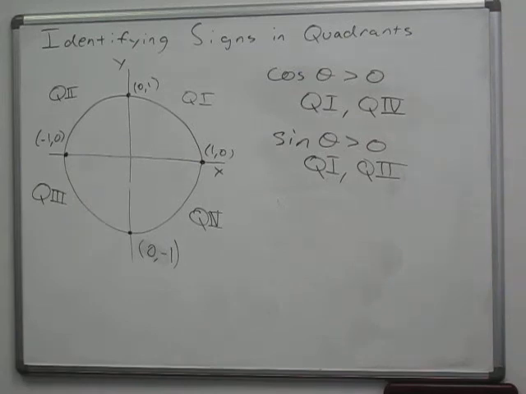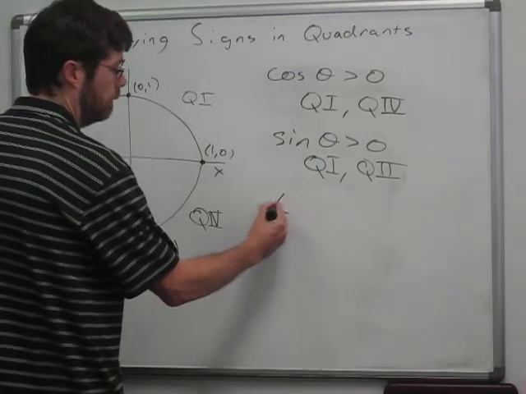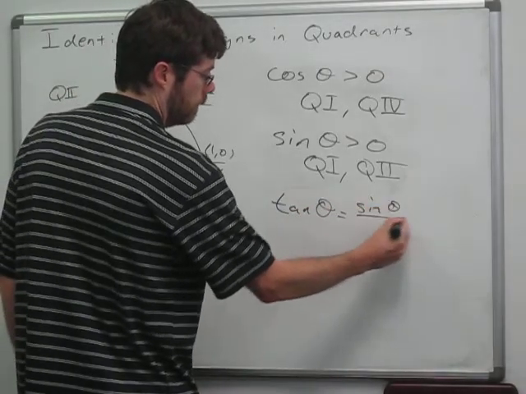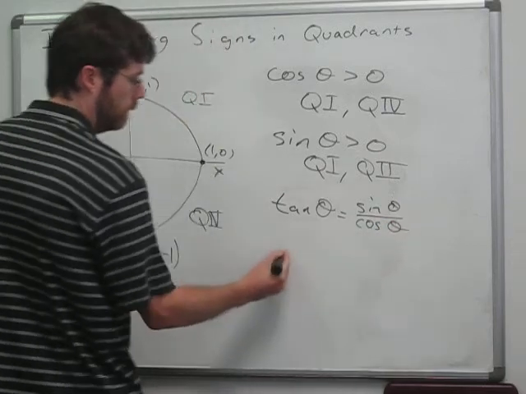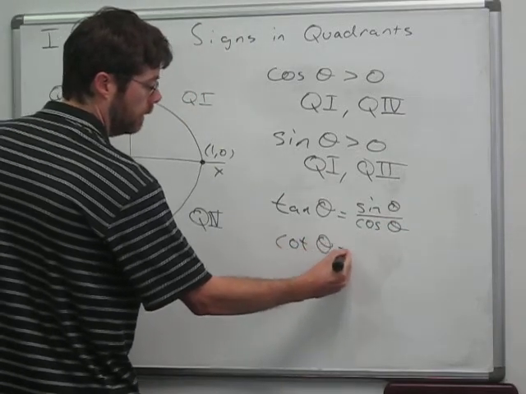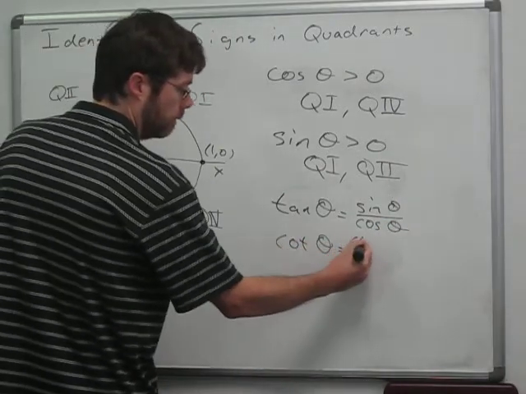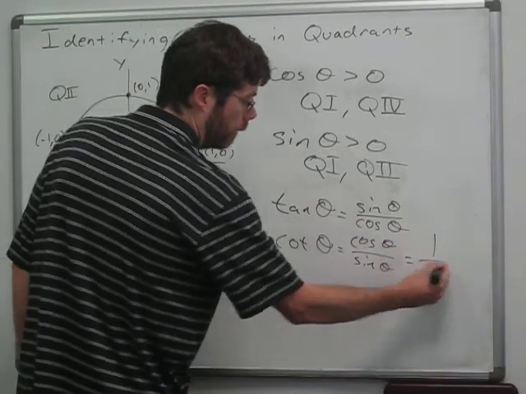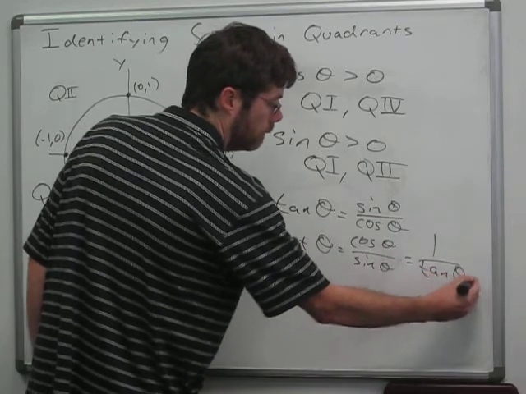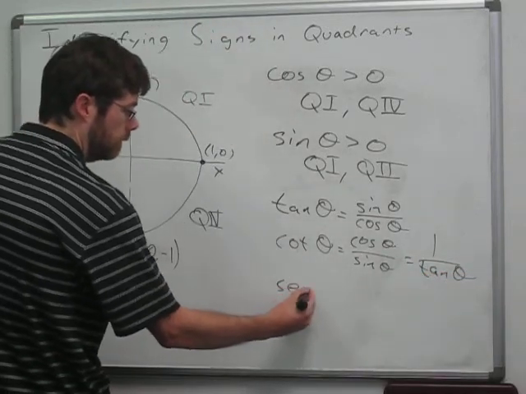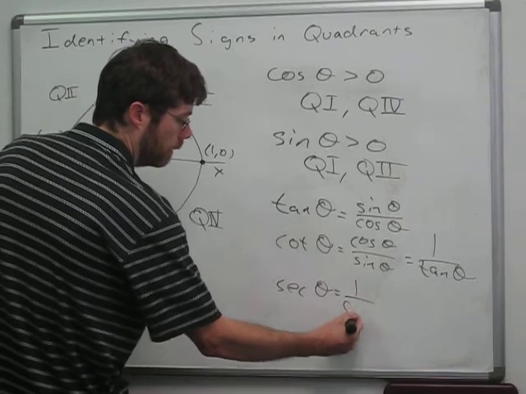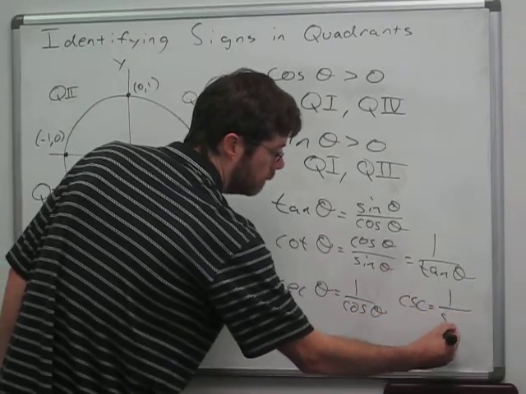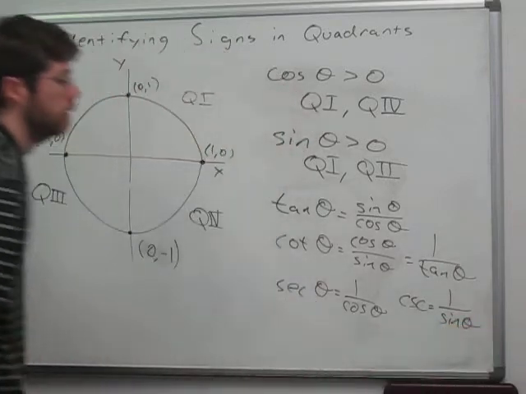Okay. Now the other trig functions, tangent of theta, which is sine theta over cosine theta, cotangent theta, which we can think of as cosine theta over sine theta, or 1 over tangent theta, secant, which is 1 over the cosine, and cosecant, which is 1 over the sine.